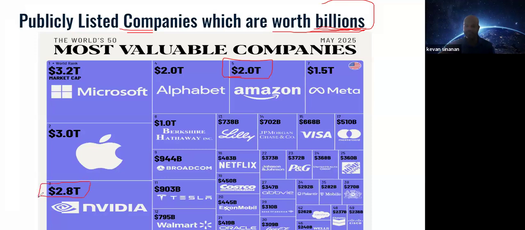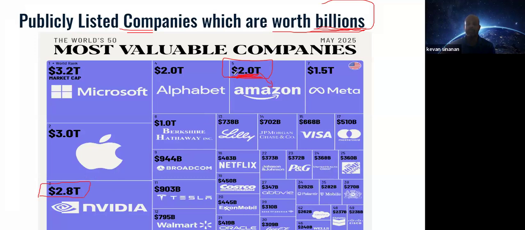Trillion with a T, Aaron. So before you think about buying a product from Amazon, you might want to try and buy shares in Amazon too. Because if you buy shares in Amazon, depending on how much shares you buy, you get part of this action. You get to be part of a company that is $2 trillion.